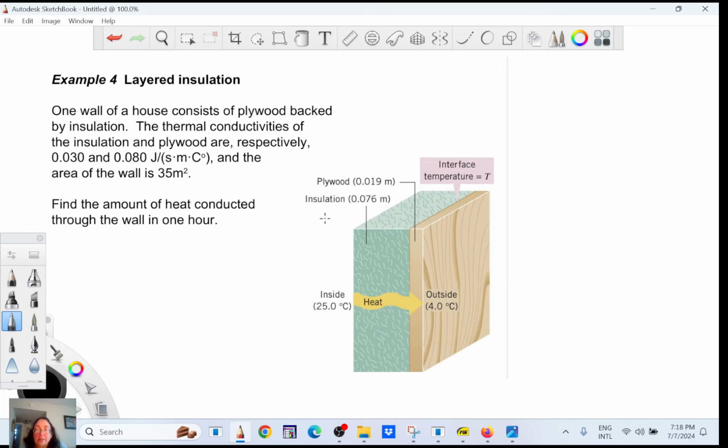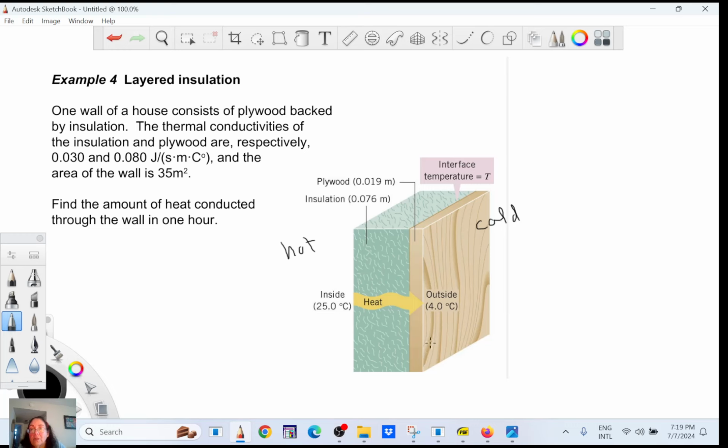So in that case, here you have the hot reservoir, and this is the cold reservoir. Outside is 4 degrees Celsius. Inside it's going to be 25 degrees Celsius, but you have two layers. In layer one, it's the insulation, and layer two is the outside of the house.